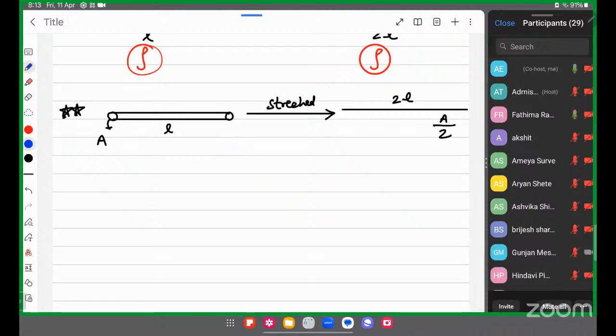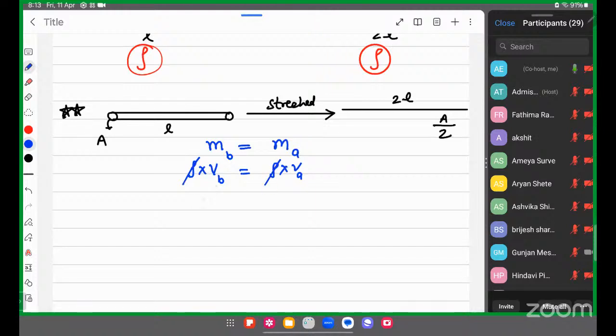The logic is, we have a wire and we stretch it. Will its mass change? Or mass will be same? Mass will be same. So before stretching mass and after stretching mass will be same. Mass is density times volume. There will be no change in density, so density factor will cancel out.